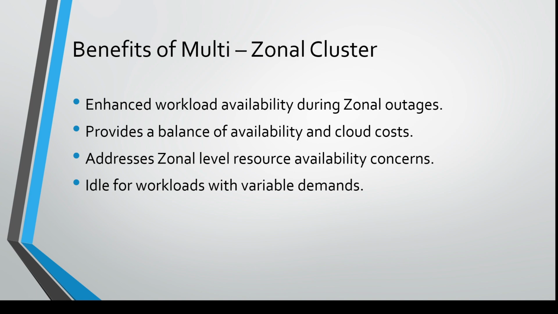In this case, where you have a multi-zonal cluster with a multi-zone configured node pool, when there is this issue happening in one zone, let's say in US Central 1A, Google doesn't have any additional compute resources for the compute family you are using for this node pool.